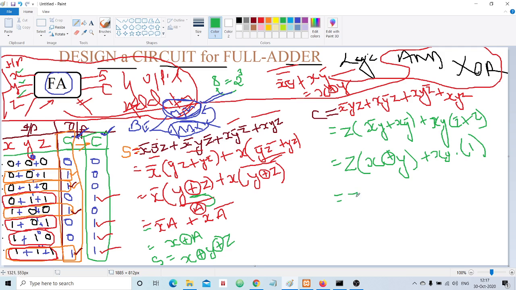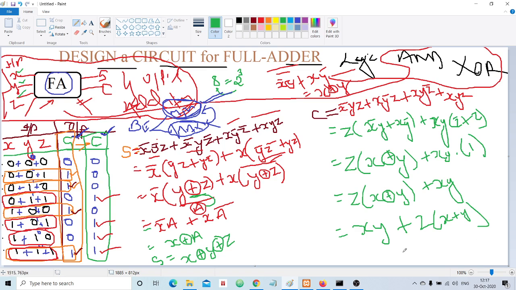Then this can be written as z into x exclusive OR y plus xy, because there is a theorem: any term p ANDed with 1 is p, q ANDed with 1 is q, like that. And this can be written as xy plus z into x exclusive OR y. I think you are familiar with the commutative law. To make it simple, x plus y is equal to y plus x. This is what commutative law says. So this is a simplified expression for carry.